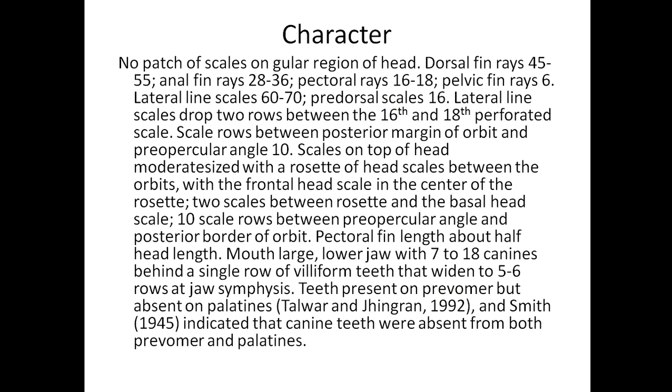These are the characters. Dorsal fin has 45 to 55 rays, and anal fin has 28 to 36 rays. The scale row between posterior margin of the orbit, okay, we need not go into that detail.